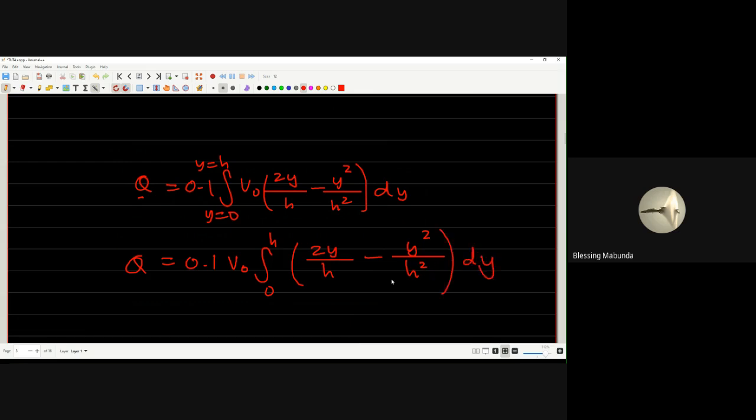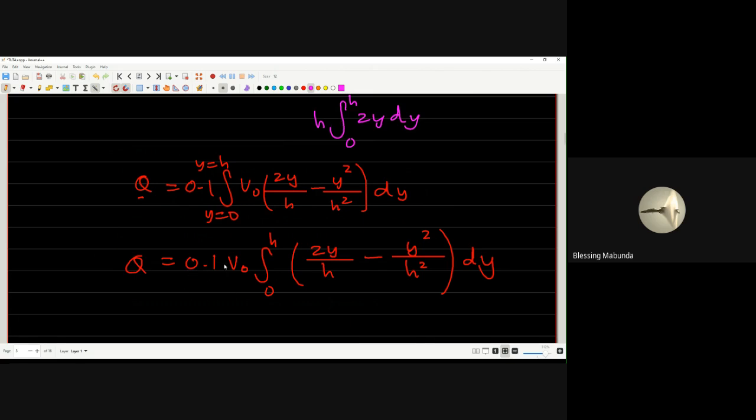The H variables here are treated as constants, so that's how you will do your integration.